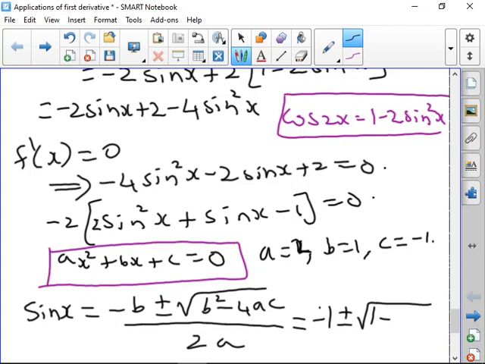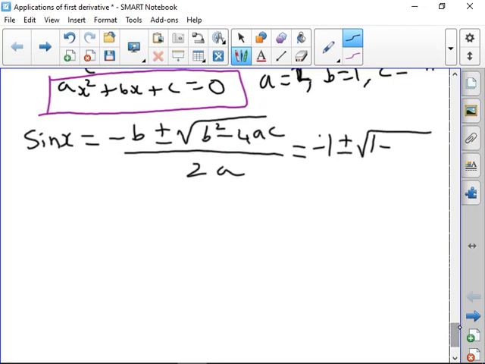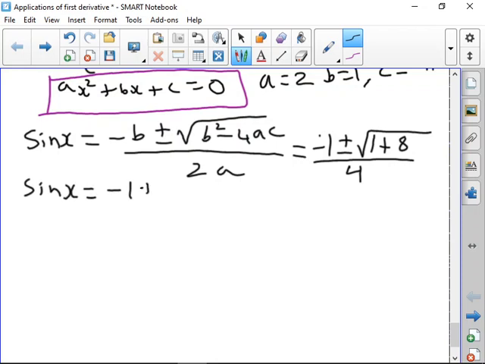Therefore we get, c is minus 1, so we get here 8. Okay. By 2 into 2, 4. Okay. A is equal to 2. So therefore we get sin x is equal to minus 1 plus or minus 3, root 9 is 3, by 4.